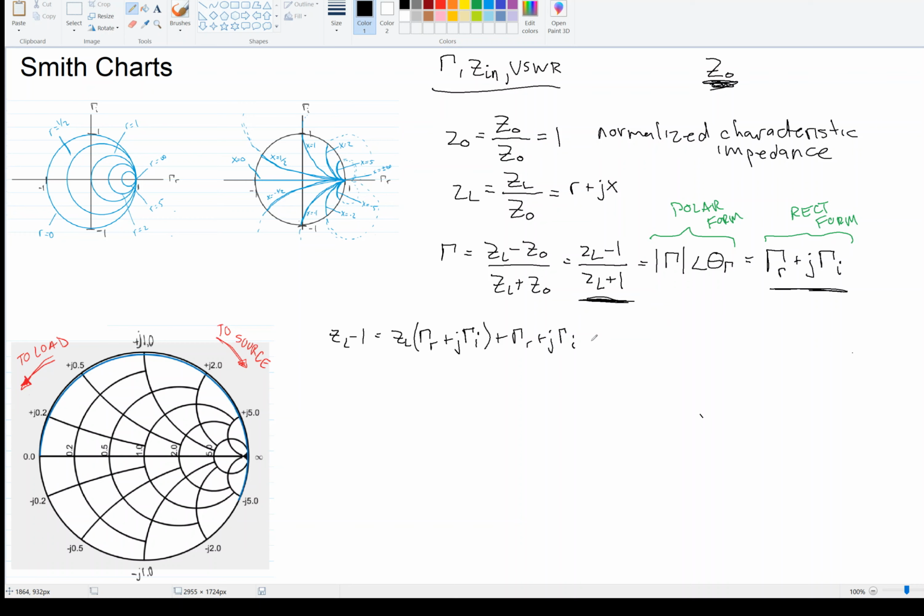And further, then this would be zl times 1 minus gamma r, so I'm factoring out the zl because that's what I want to solve for. Okay, and then lowercase zl is equal to, so if I divide, I've got this thing here.